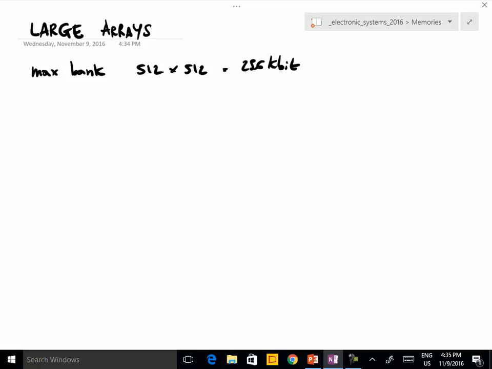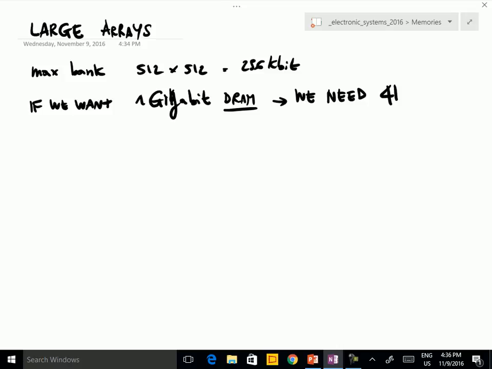If we want a 1 gigabit DRAM, which is not that large, of course we need a large number of banks, because we need 4 banks to make 1 megabit, and there we need 4K banks. So a pretty large array of banks.